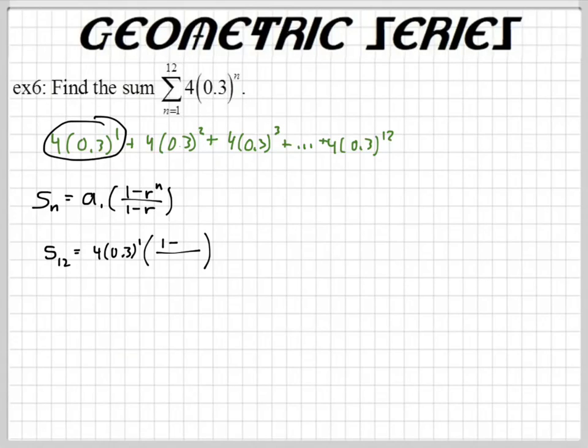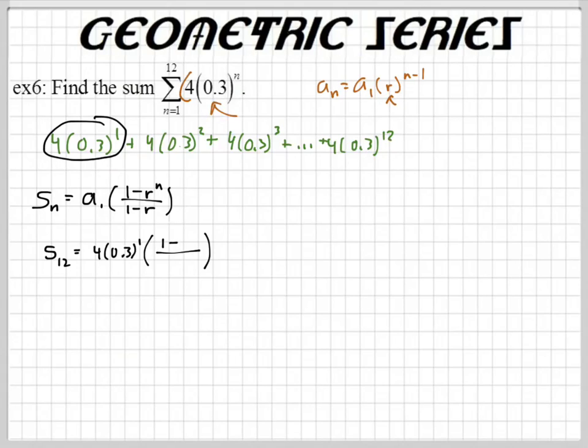Now it's 1 minus, now what is the r? What is the common ratio? Doesn't this follow the pattern of the formula? The formula says a sub n for a geometric sequence is a sub 1 times r raised to the n minus 1. So that r is your common ratio.